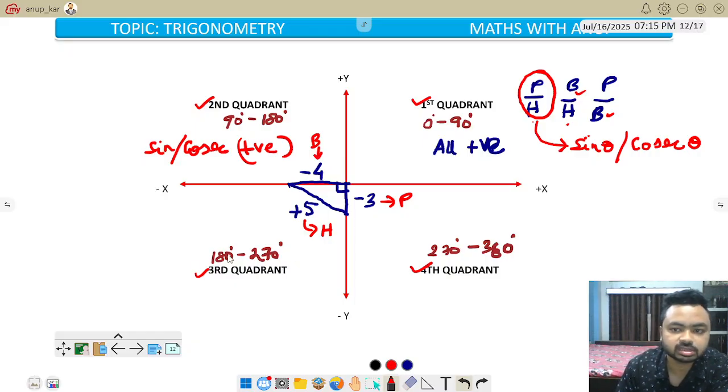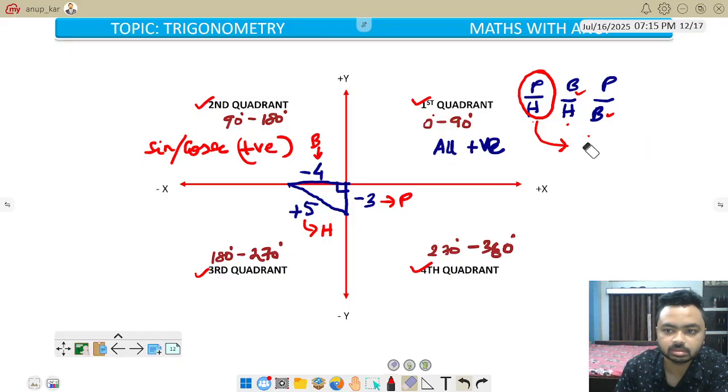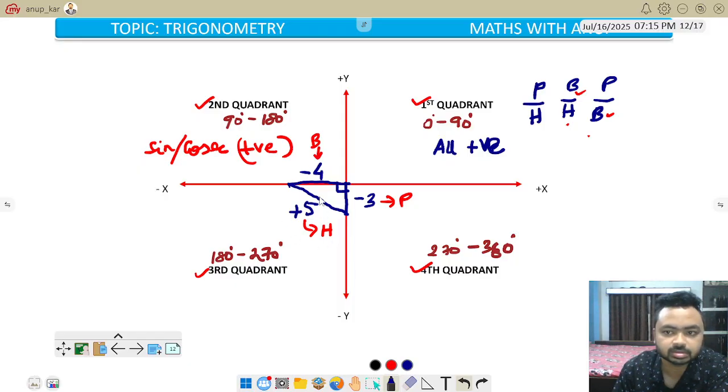To better understand this ratio, we will take it again. P by H. Wherever the hypotenuse is positive, we can see that here my perpendicular value is negative, my base value is negative, and the hypotenuse value is positive.